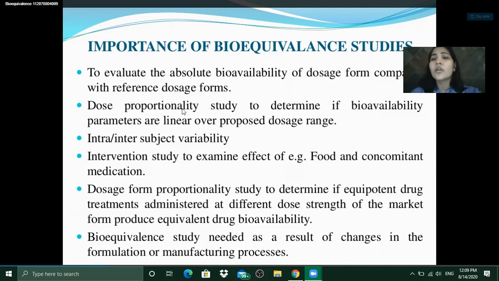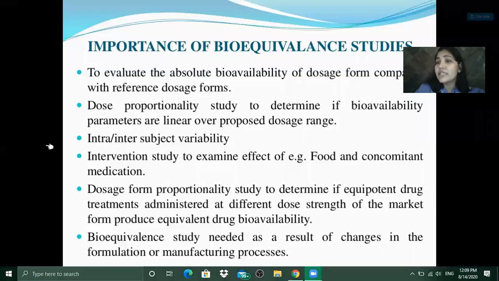So you have to determine if the bioavailability parameters are linear over the proposed dosage range, whether the bioavailability is linear or not. Means if I have said that I have to give this particular tablet 3 times a day, or 4 times a day, then I have to make sure that at every dose the bioavailability is the same.